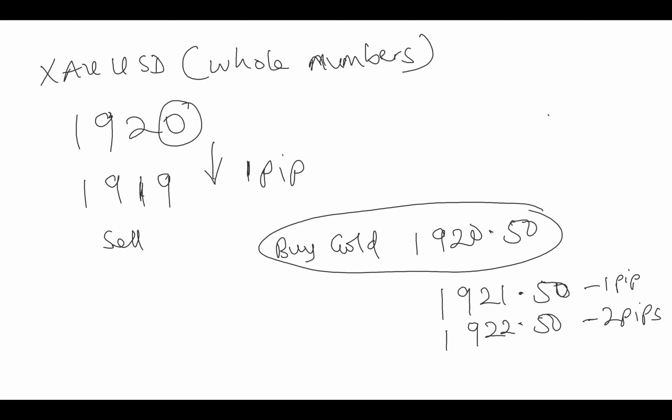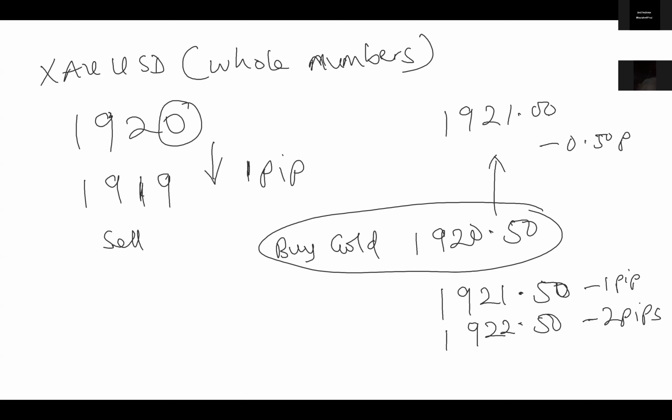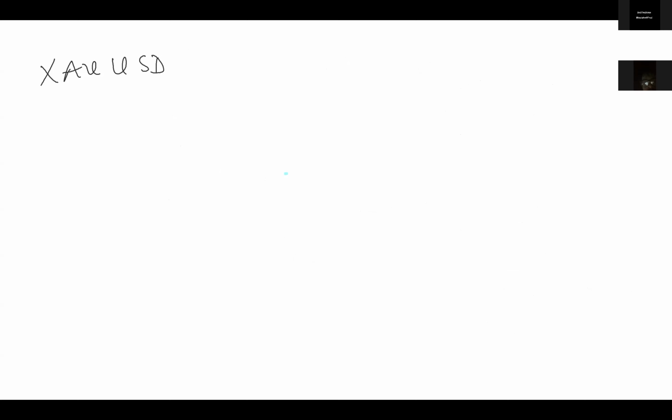If this increases to 1921.00, it has just moved 0.50 pips. It's not yet 1 pip. So the decimal should not confuse you. Gold is whole numbers we are talking about.